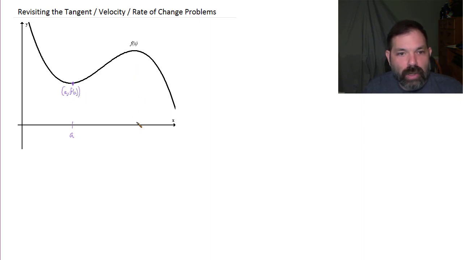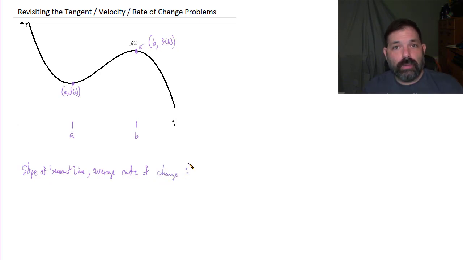And then we had another point, and let's say that this x value was b, and so this point up here was the ordered pair b, f of b. And we saw that the average rate of change, the slope of the secant line, was given by just finding the slope between those 2 points.